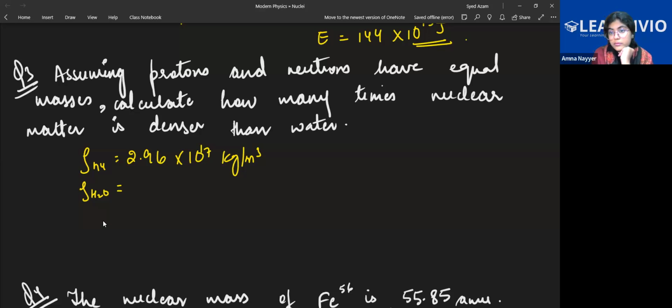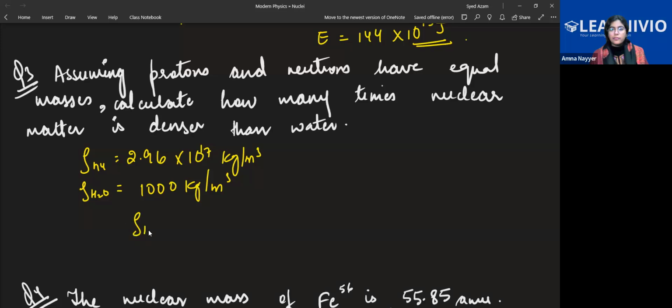Hmm? 1 gram per centimeter cube. Tell me in SI unit. 1000. Please remember, Mariam. 1000 kg per meter cube. Because the density of water will be utilized and you'll need it in the numericals. So it is better if you have it with you.